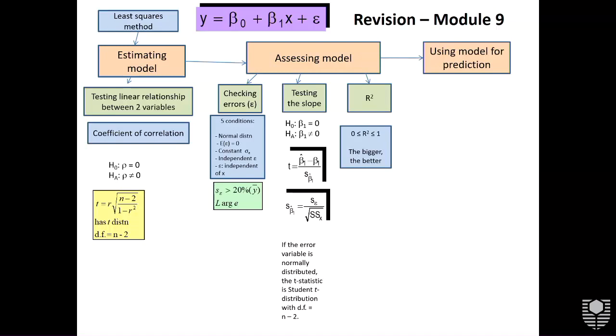Last week we also did the correlation matrix, which gives us the strength of the association between X and Y, and the coefficient of determination, R squared, which also gives us the strength of the association.